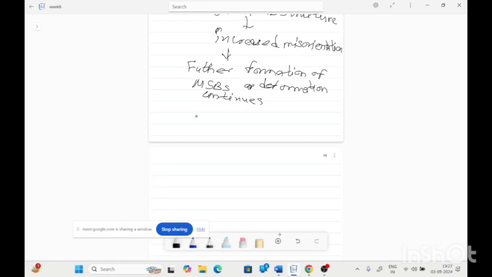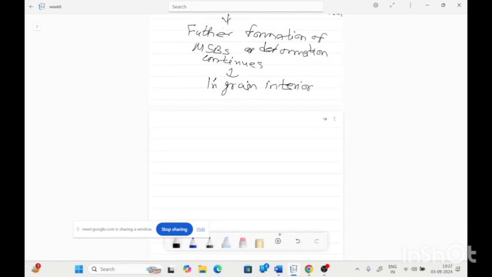The further formation of micro shear bands is in the grain itself, in the grain interior. All that further leads to an increase in misorientation.